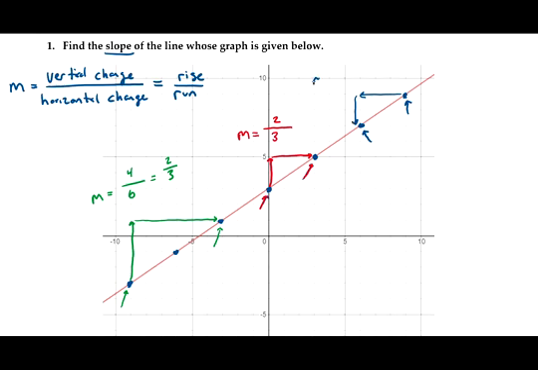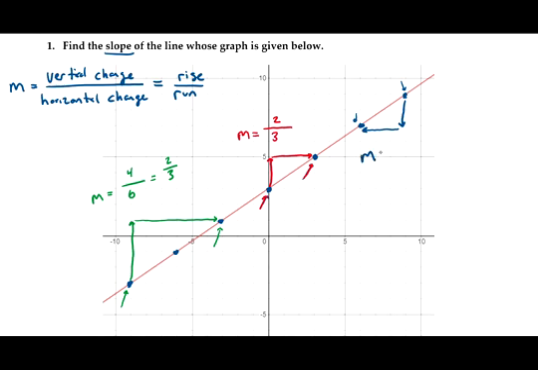So the slope would be the vertical change. Actually, let's do that a little bit differently. Let's say from this point to this point. So we go down, and then we go left. Let's put the slope down here.